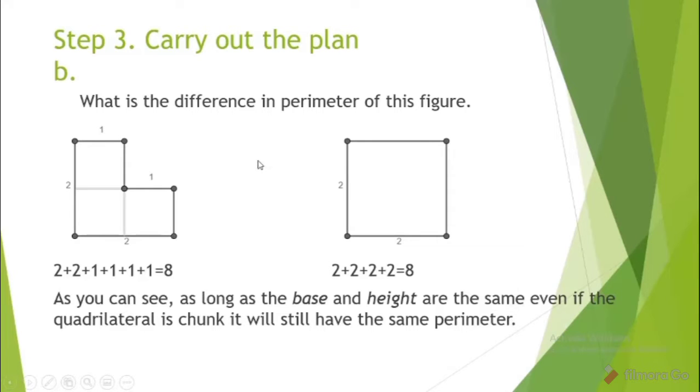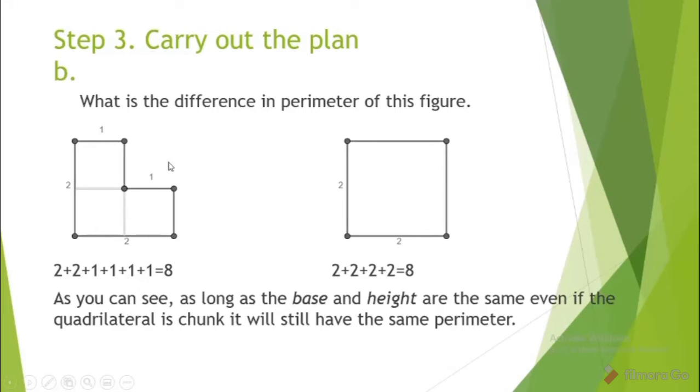But sir, mapapansin nyo, hindi naman quadrilateral to because this polygon has 1, 2, 3, 4, 5, 6 sides. So it can be quadrilateral kung lalagyan mo siya ng maliit na square doon. Originally na square siya pero nagkaroon lang siya ng chunk.